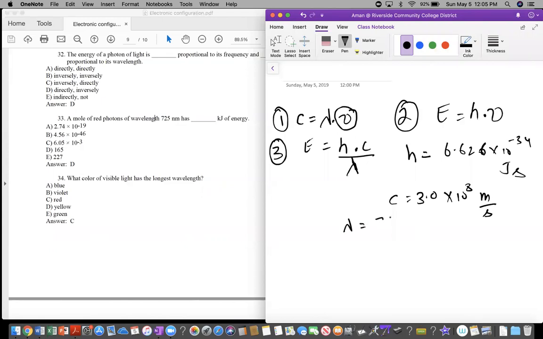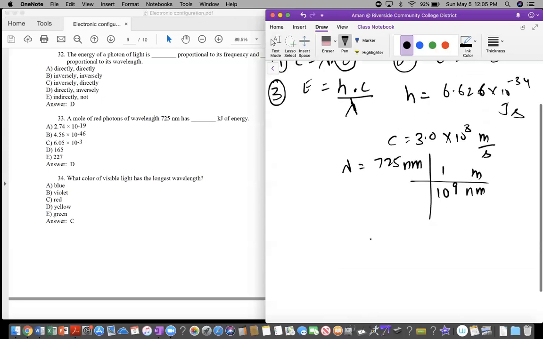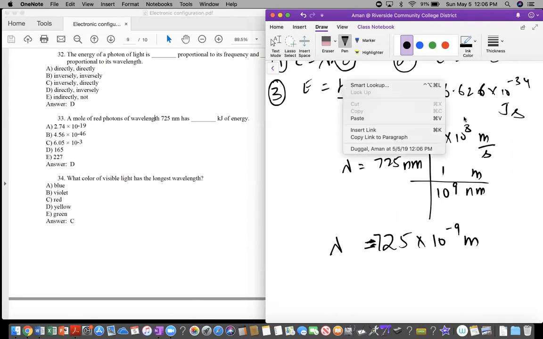Lambda is in nanometers and c is in meters, so we have to change it to meters. 1 meter has 10 to the power 9 nanometers, so you get 725 times 10 to the power negative 9 meters. So you got your lambda, h, and c. You want to find E, so you just plug in everything.